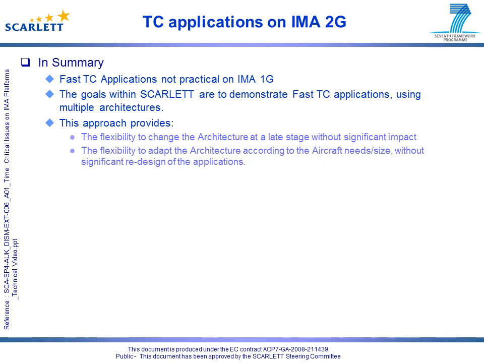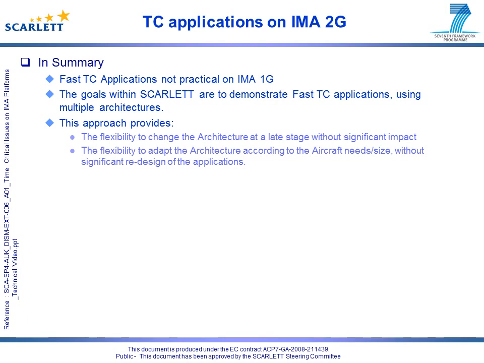In summary then, fast time-critical TC applications were not practical on IMA 1G. Some examples were implemented, but they did not require less than 20 milliseconds response times. The goals within Scarlett are to demonstrate fast TC applications using multiple architectures.